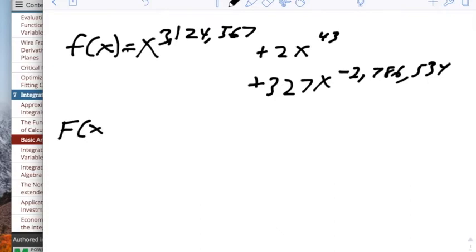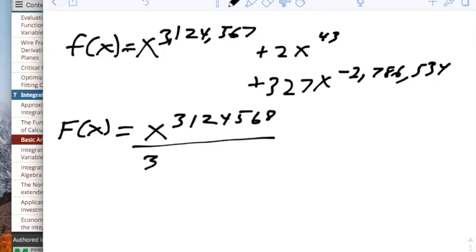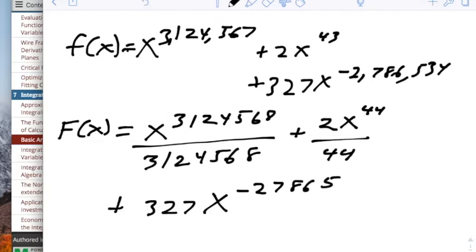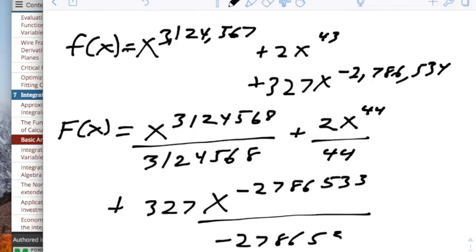So the antiderivative of this is going to be x to the 3,124,568 divided by 3,124,568, plus 2 times x to the 474 divided by 474, plus 327 x to the minus 2,786,533, because when you add one to a negative number, it goes up in the sense of the exponent, divided by minus 2,786,533.